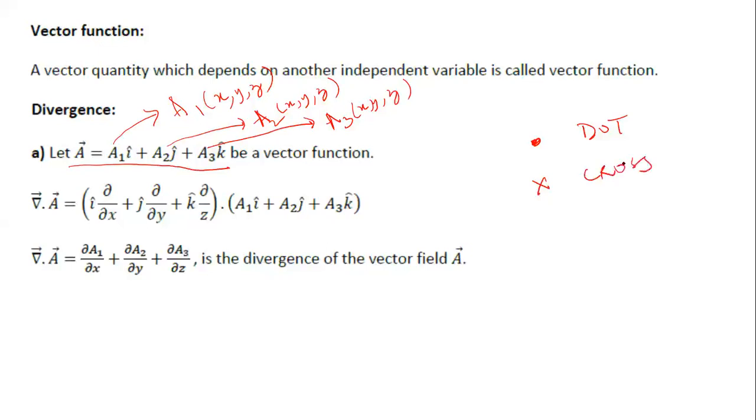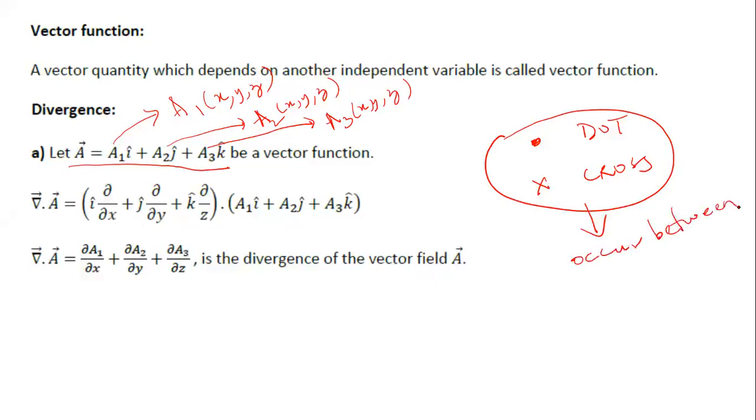Always remember that the dot and cross product are operations between two vectors. They occur between two vectors.